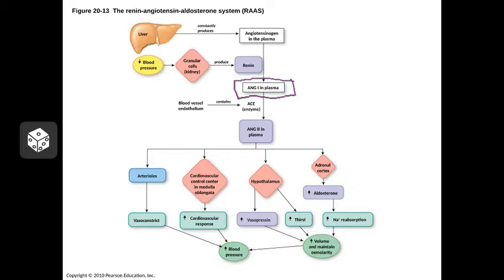That form will remain in the plasma, and as it circulates through the blood vessels, there are blood vessels, we think primarily related to the lung, but not only the lung, that produce an enzyme called angiotensin converting enzyme, ACE.